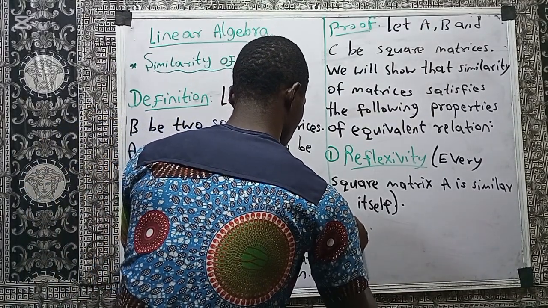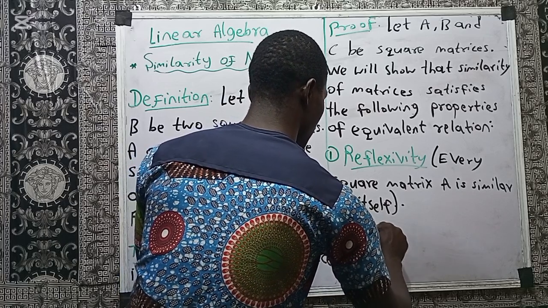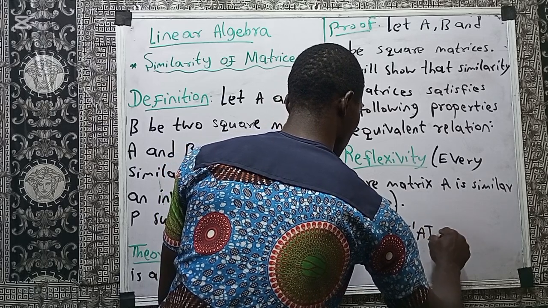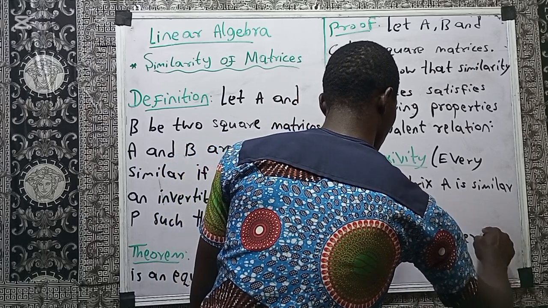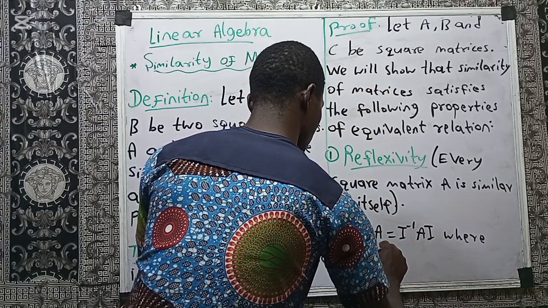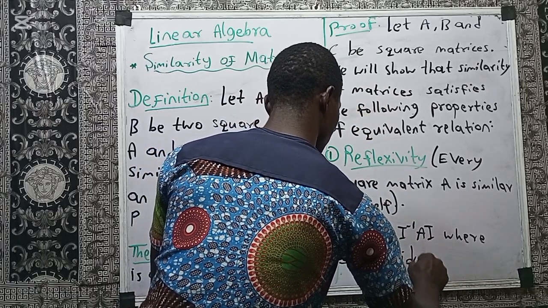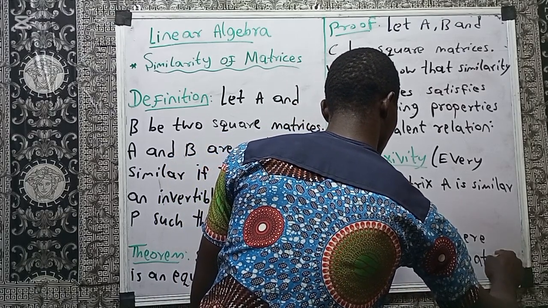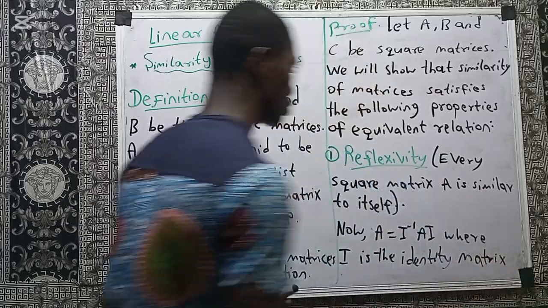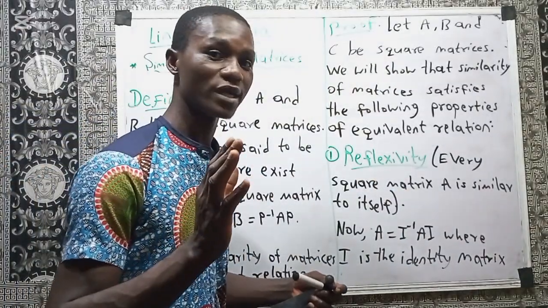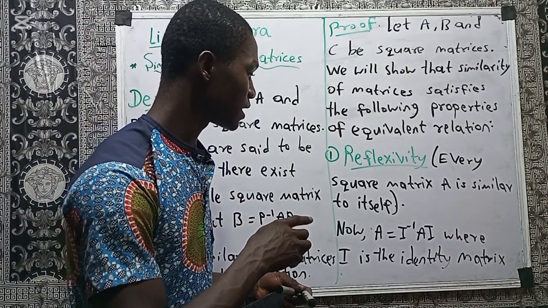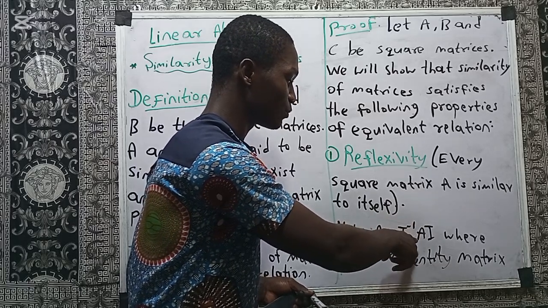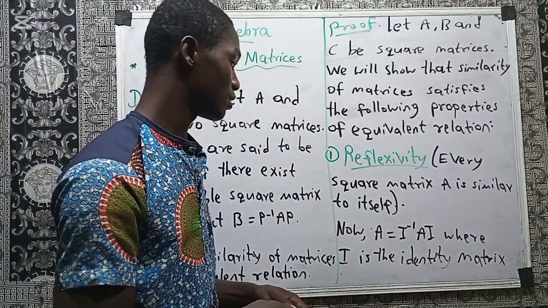Now A is equal to I inverse A I, where I is the identity matrix, right? So for any square matrix A, your A will be equal to the inverse of the identity matrix multiplied by A multiplied by the identity matrix.